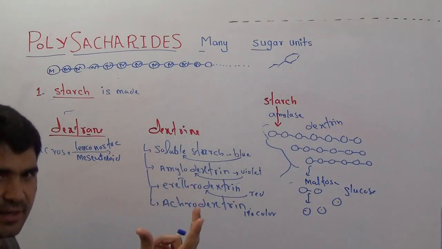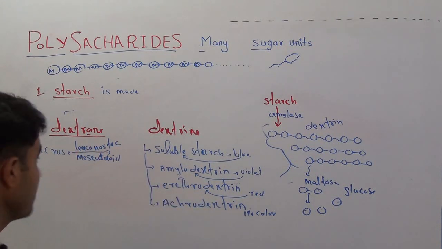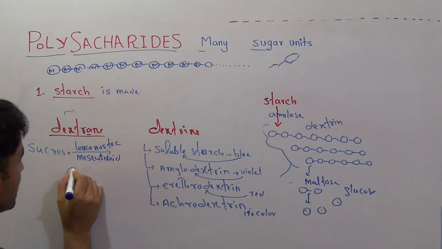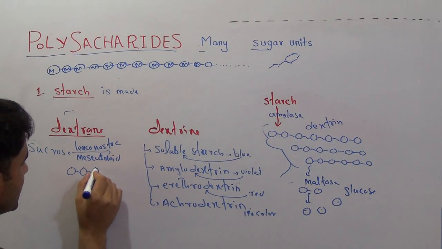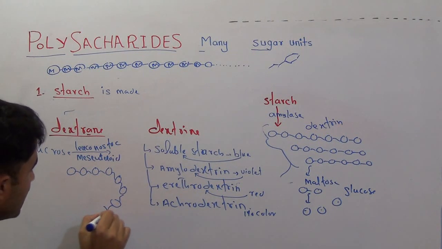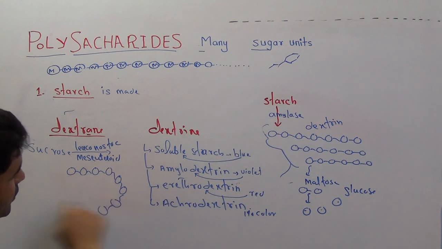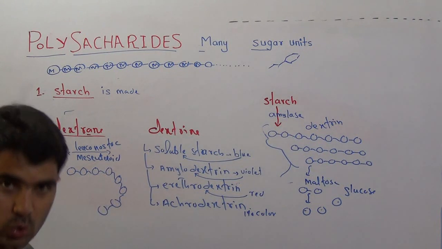Sucrose is just a disaccharide, so the bacteria will make a polysaccharide from this sucrose, and that polysaccharide is called dextran. Of course, all the units will again be glucose.